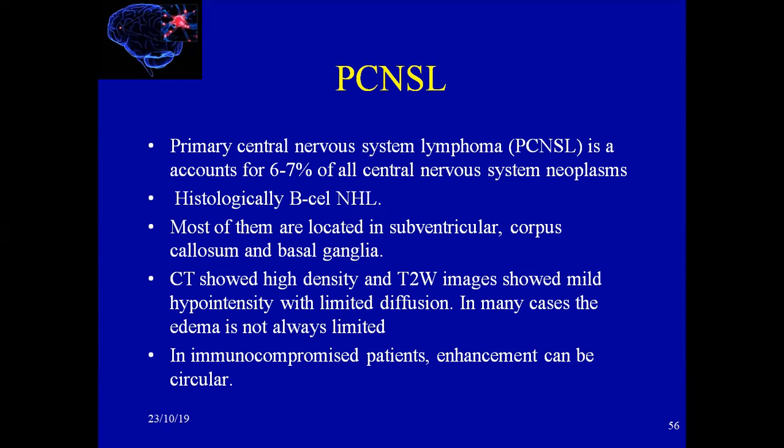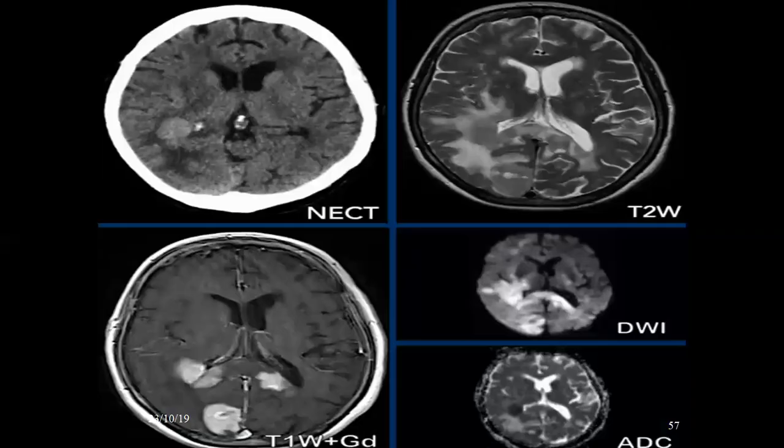CT will show high density, and T2 image shows mild hypointensity with limited diffusion. In many cases, edema is not always limited. In immunocompromised patients, enhancement can be circular. This is a lymphoma around the ventricular system. There is edema around it, and also enhancement around the ventricular system.